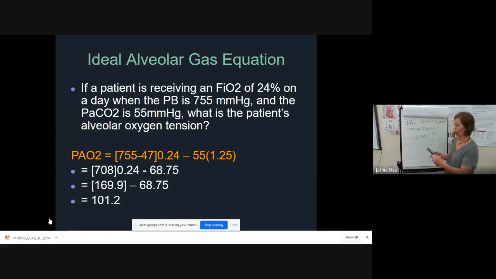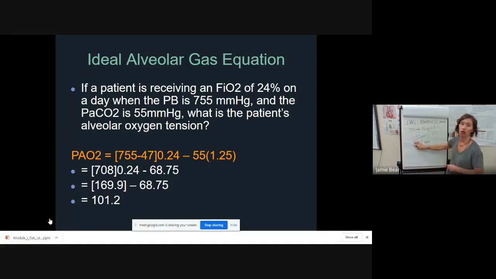So 708 times 0.24 equals 169.92. Now we're going to subtract out that 55 times 1.25, and we get 101.2. We're just going to say 101 torr.